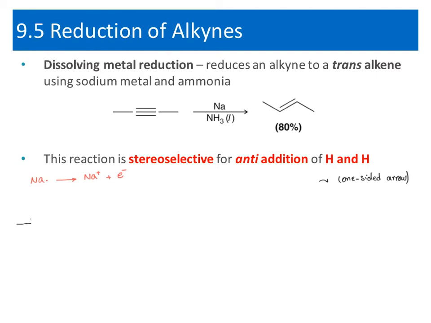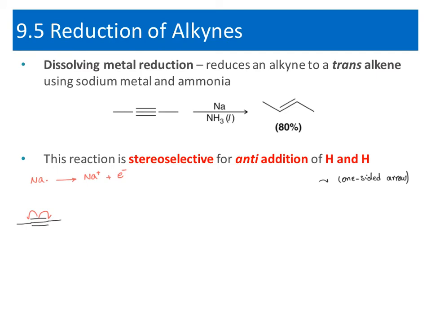We have an alkyne. So one of the pi bonds in the alkyne breaks homolytically. Okay, so one electron transfers over this carbon, and the other one will be transferred over the opposite carbon.